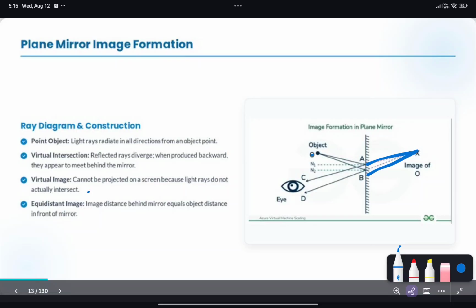Do they really intersect? No. We are only assuming. So that is the reason. Cannot be projected on a screen because light rays do not actually intersect. Clear or not? Sure?